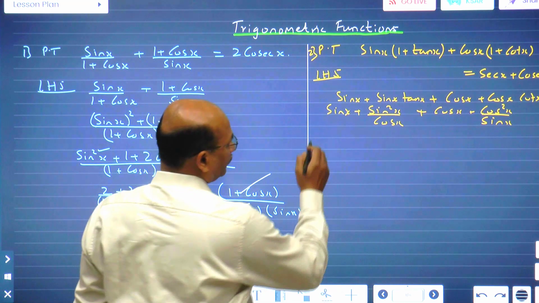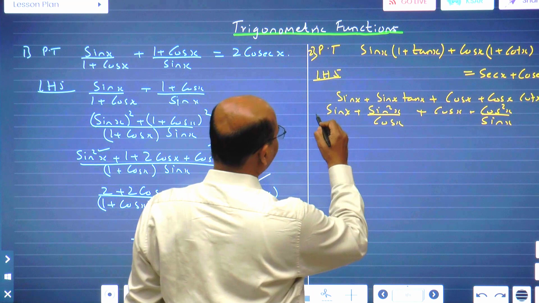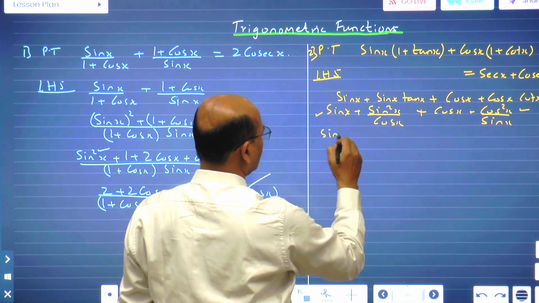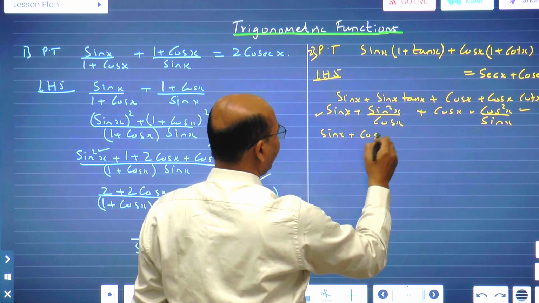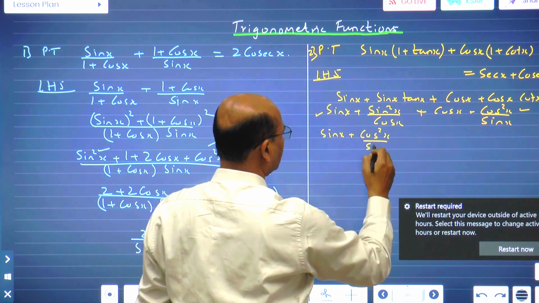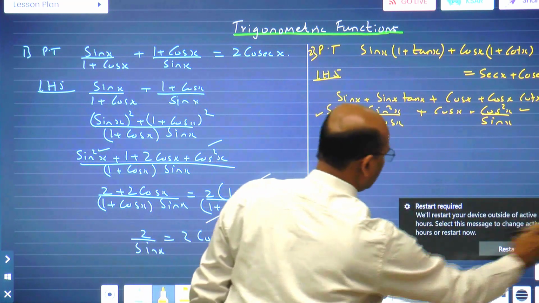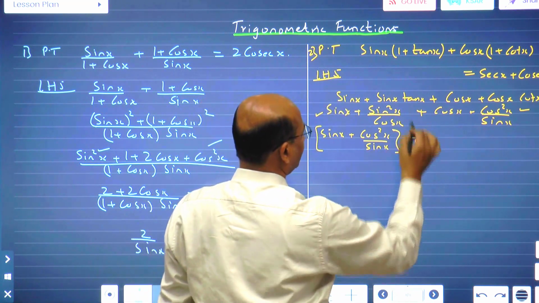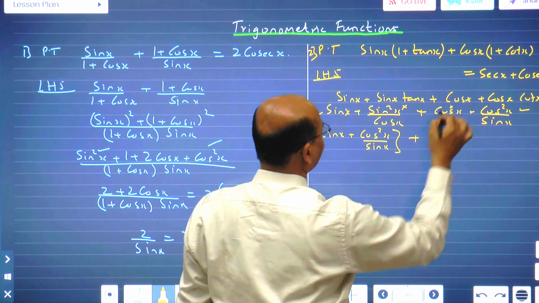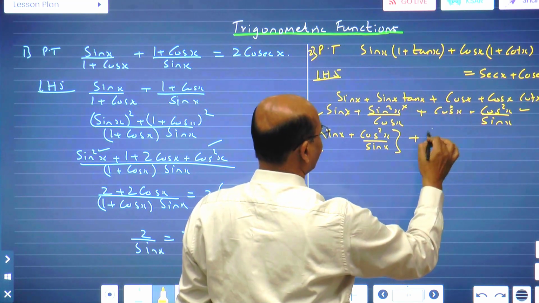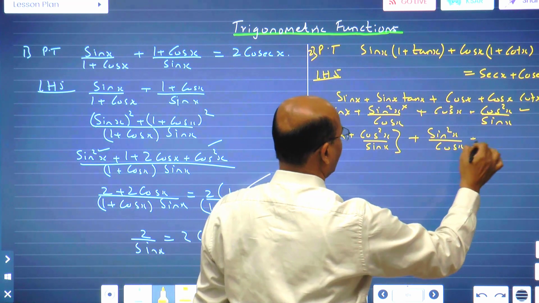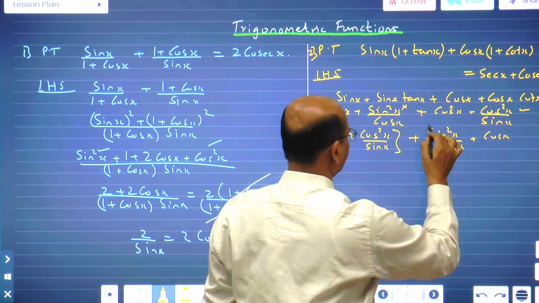What I will do is, this sin x and this one I will pair, and this with this I will pair. So that is nothing but sin square x upon cos x plus cos x. You know why I did this?